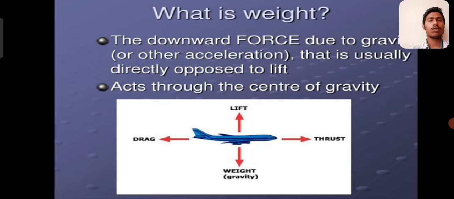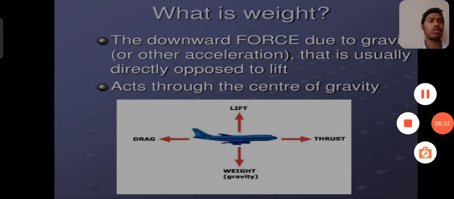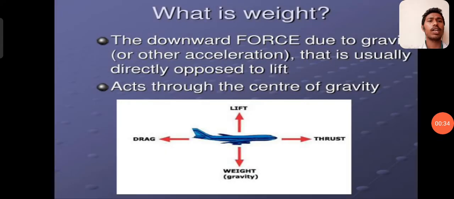Further, you have to know what the forces are. What is the weight? The downward force due to gravity or other acceleration, usually directly opposite to lift, acts at the center of gravity. With respect to the center of gravity, a flight has four forces: lift, weight, drag and thrust.